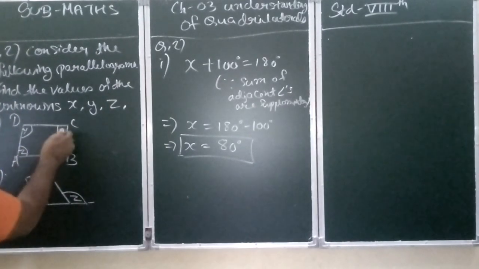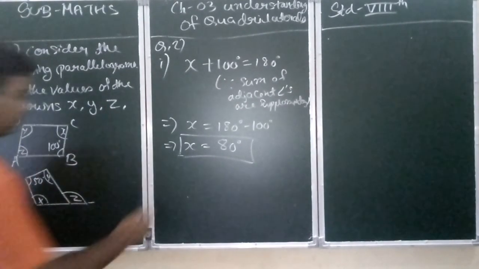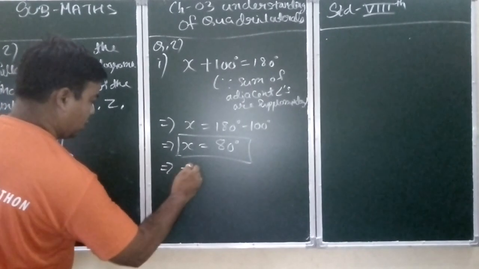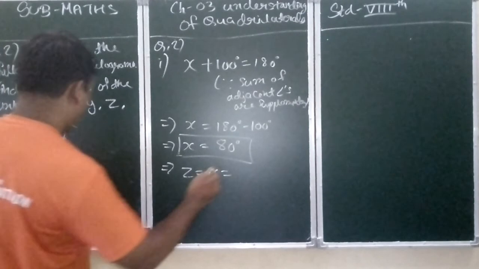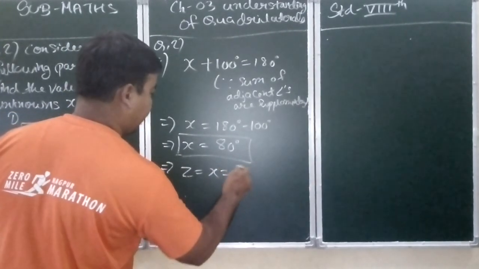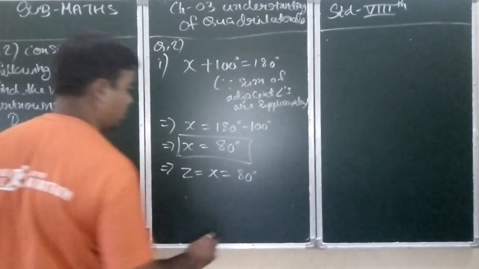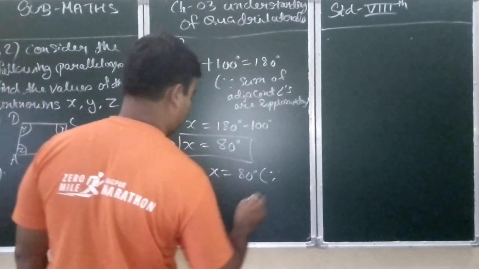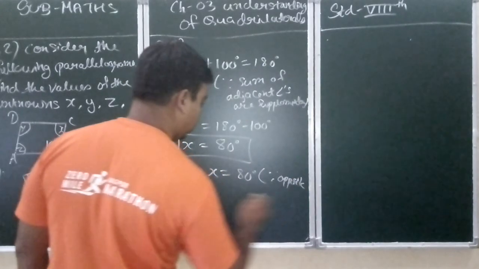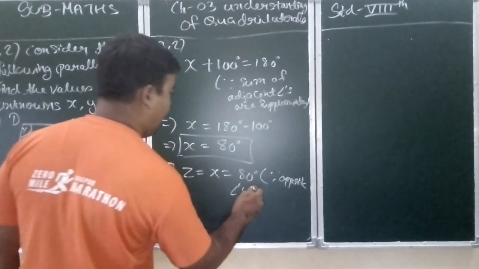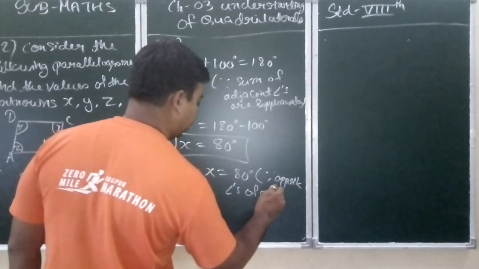Now z is the opposite angle of x, so z is equal to x, which is 80 degrees, opposite angles of a parallelogram.